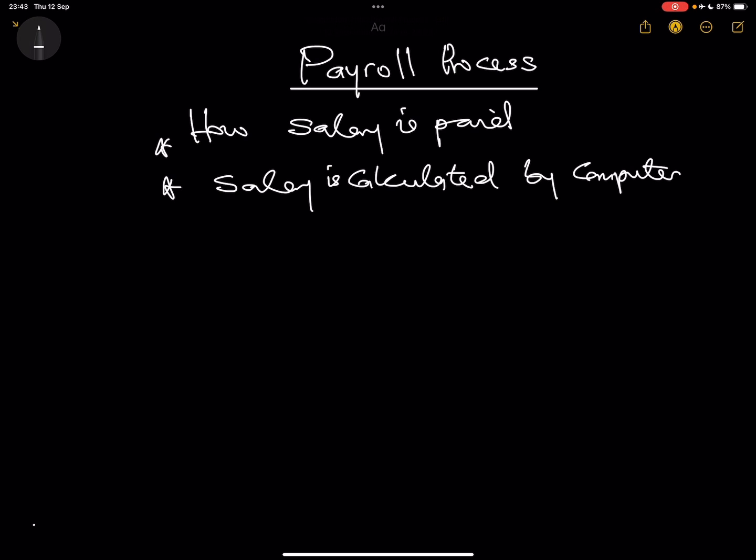There is no such company today that will be calculating staff salary using paper and pen. Computers will always be the tool for calculating the salary. So please take note of that. I'm giving you this background so that by the time we go into the controls, risk, and all of that, you are able to understand why we are not talking too much, because this is a pretty short process.